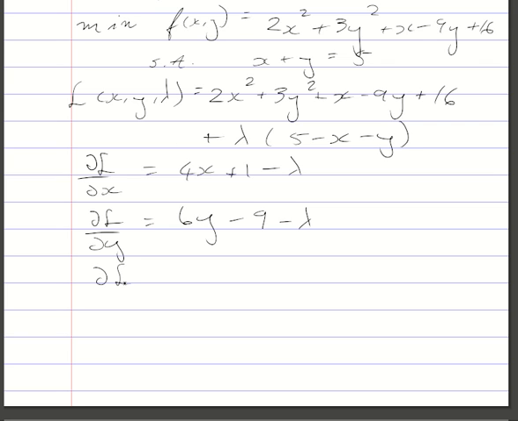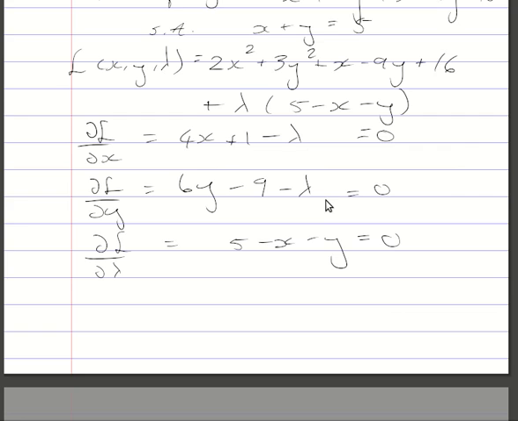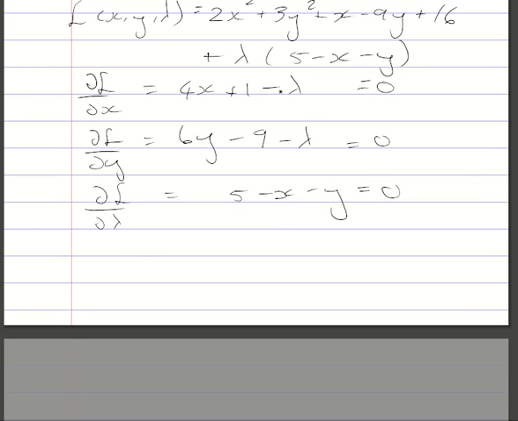And the derivative with respect to lambda is just 5 minus x minus y, and all of these things are set equal to 0. Now solving this isn't too hard. We've got the first equation up there, equations 1, 2, and 3.